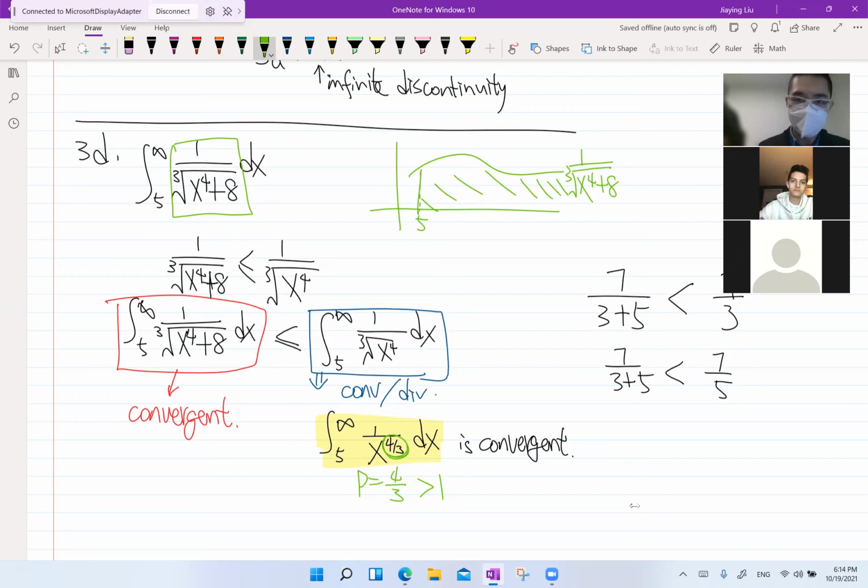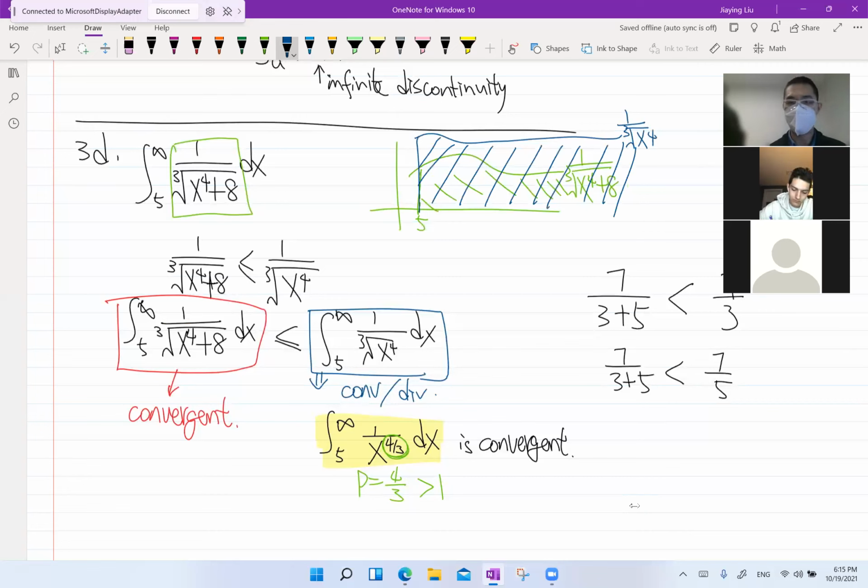So what we do is we find a function that ends up being bigger than this. The function is 1 over the cube root of x to the 4th power. We were able to calculate the area below this blue curve and found that the area is finite because the integral is convergent.